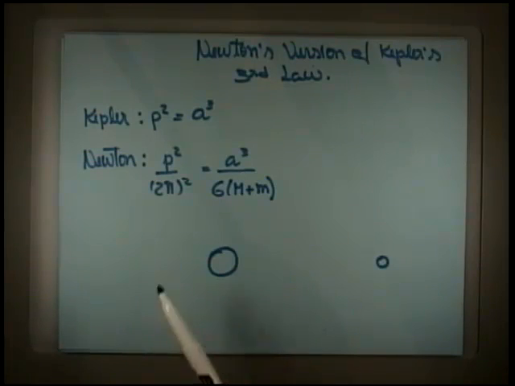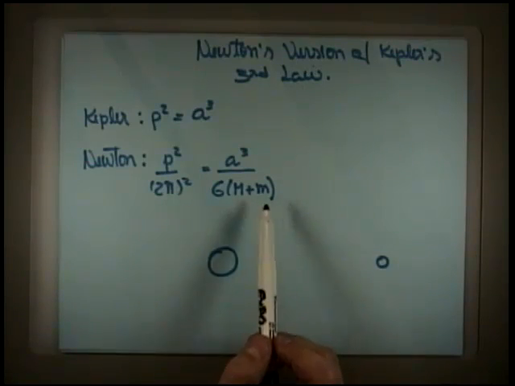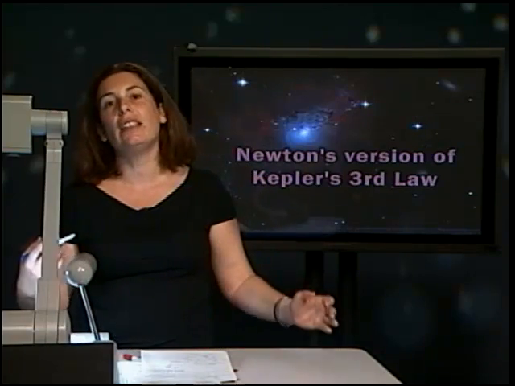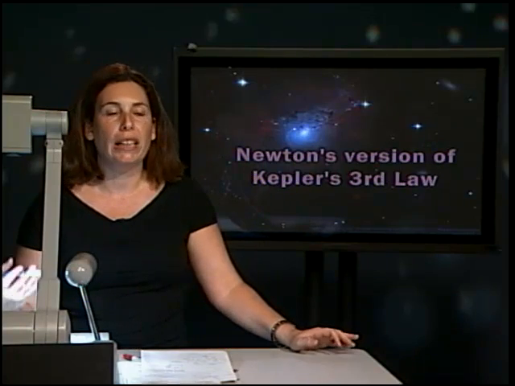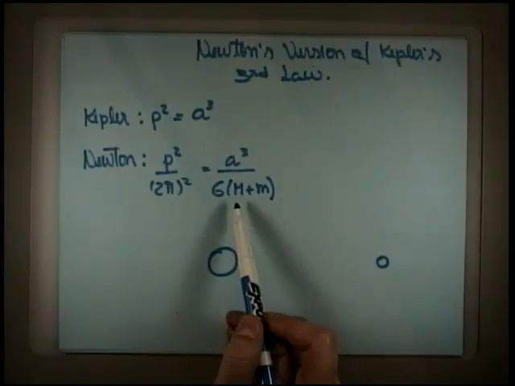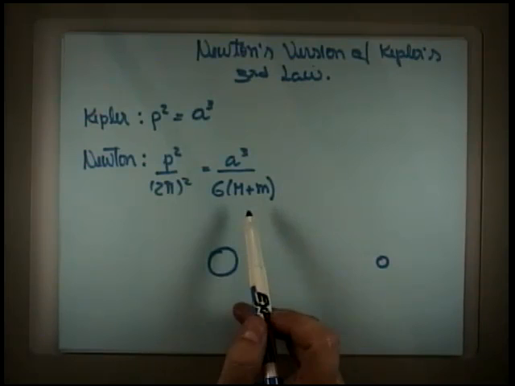So Newton's version showed that p squared over 2 pi squared equals a cubed over G times big M plus little m. Those two relationships are exactly the same in the case of a planet orbiting the sun. In that case, big M, the mass of the big object, and big M plus little m are pretty much equivalent.